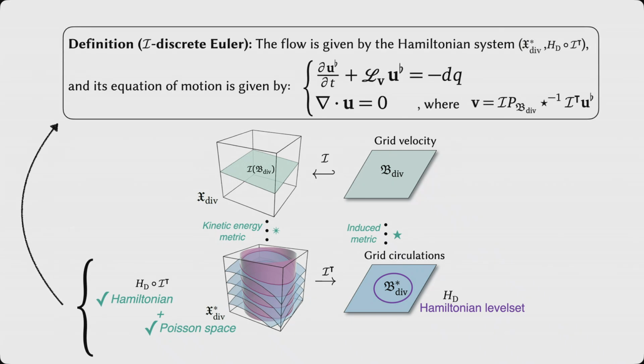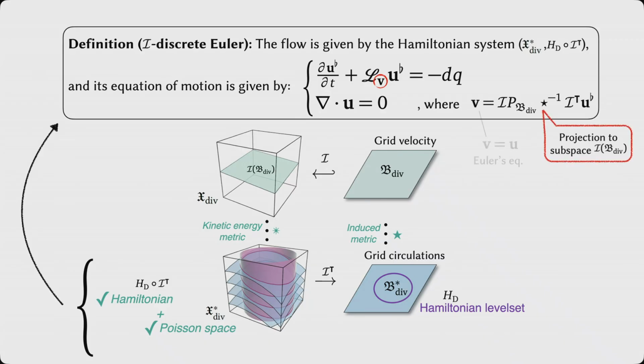So this gives us sort of a filtered Euler equation, which we call I-discrete Euler equations. And this filtering comes from applying basically a projection on the velocities that are used in that Lie derivative for transportation. So a higher frequency velocity or momentum is carried by a lower frequency field that is projected.